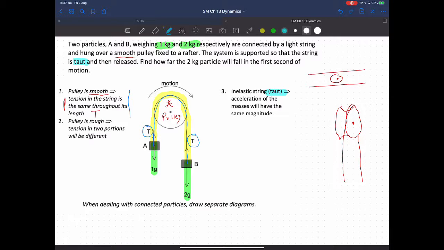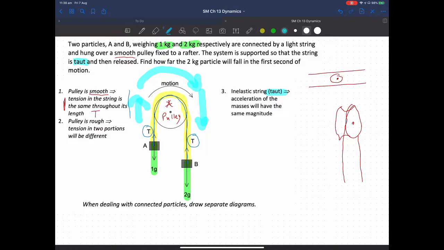Now, 2 kilograms is a heavier weight than 1 kilogram, which means the 1 kilogram weight will go up, the 2 kilogram weight will go down, so the motion is going to be the 1 kilogram going up and the other side with the 2 kilogram going down.